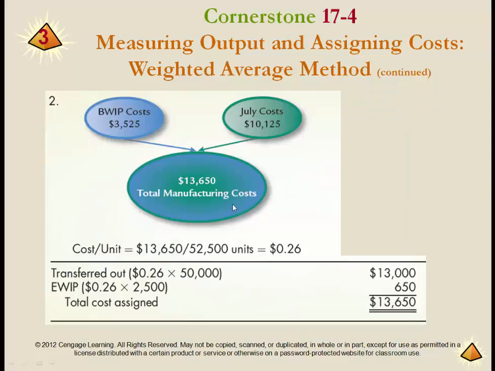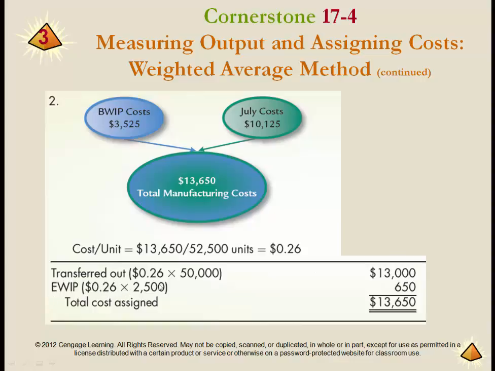Now we have costs, we have total manufacturing costs. We have beginning work in process, and then we also have costs that were added in July. And you remember that's direct materials, direct labor, and manufacturing overhead for a total of 13,650. We're going to take the value that we calculated, 26 cents per equivalent unit, and multiply it times the 50,000 equivalent units that we transferred out, and it gets us $13,000.